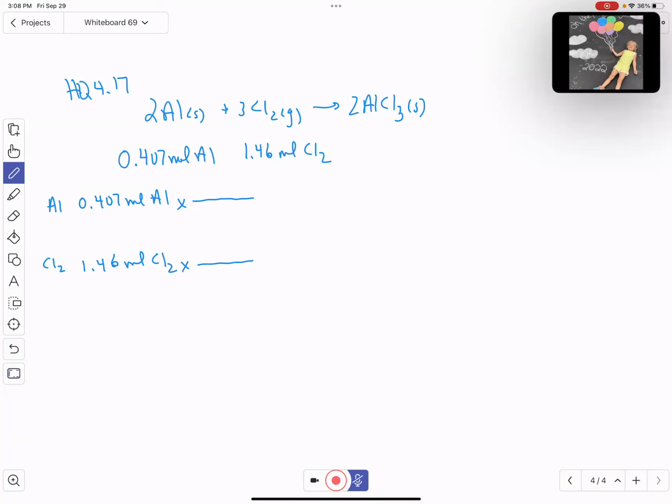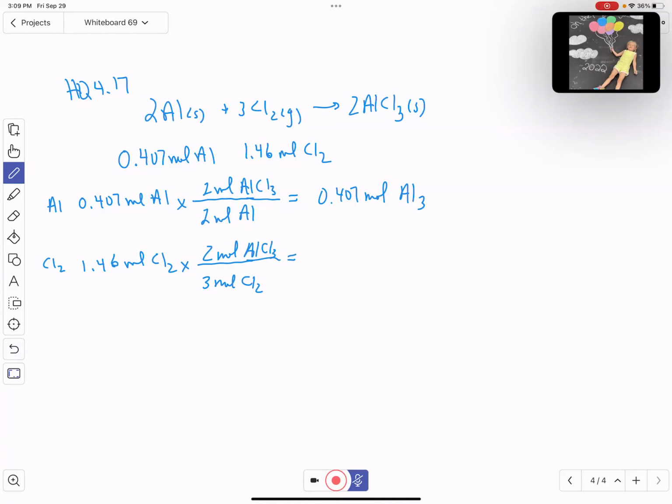So we know for every 2 moles of aluminum, I'm going to make 2 moles of aluminum chloride. So that one's not too bad. That's going to give us 0.407 moles of aluminum chloride. Do the same calculation for chlorine to see that 3 moles of chlorine on the way in give us 2 moles of aluminum chloride on the way out.